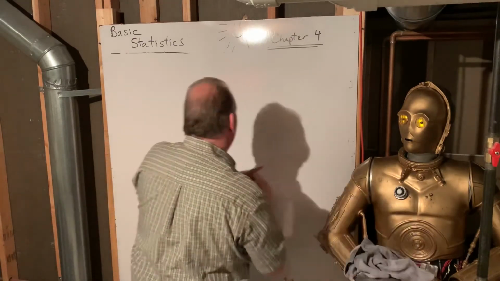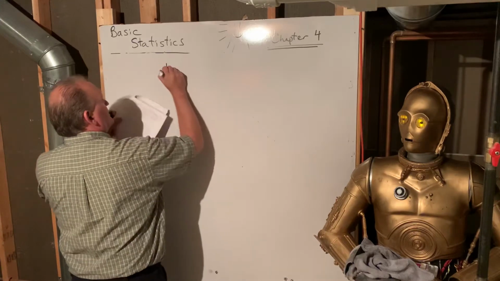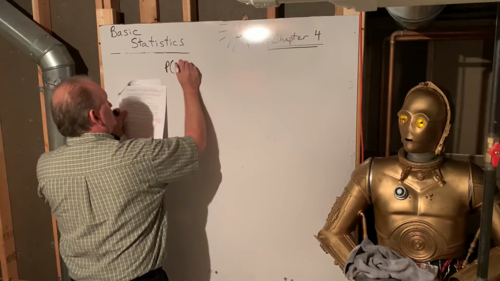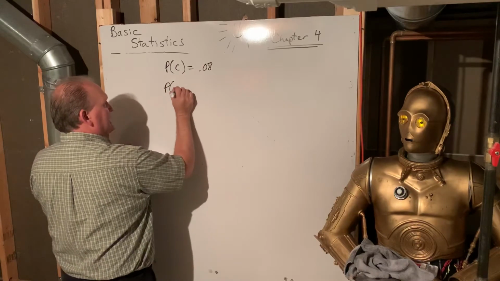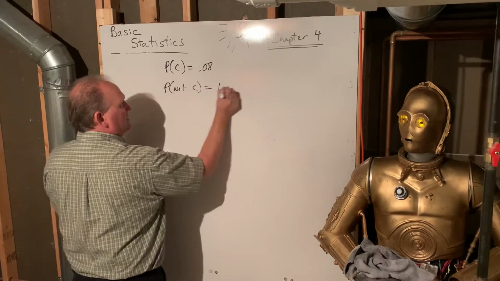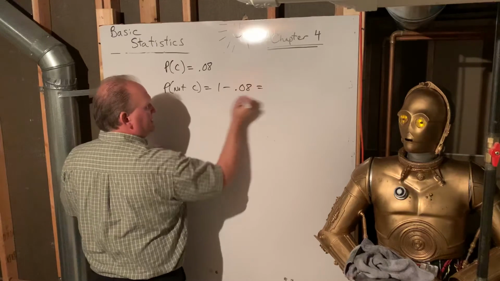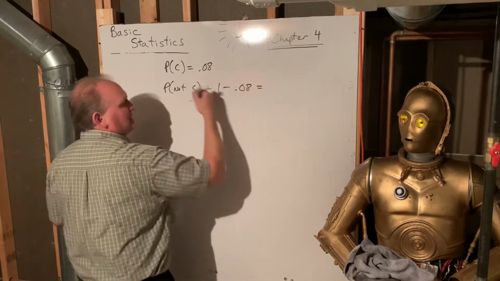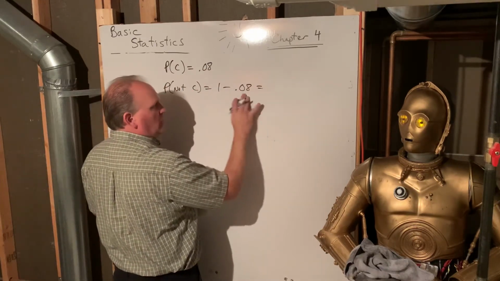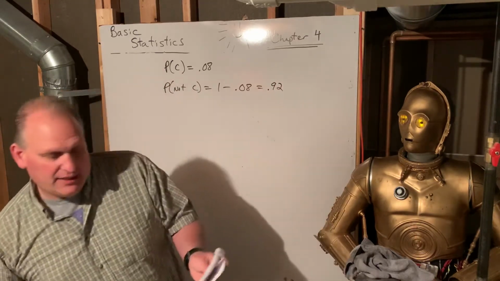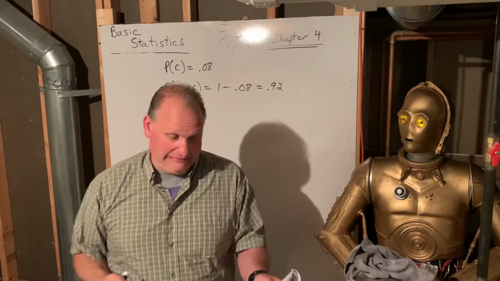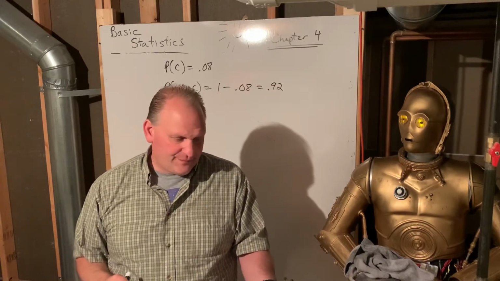If the probability of cancer is 8%, then the probability of not cancer is 1 minus 0.08. It's the opposite, or whatever would add up to 1. So 92%. So there's a 92% chance that you're not going to die from cancer.